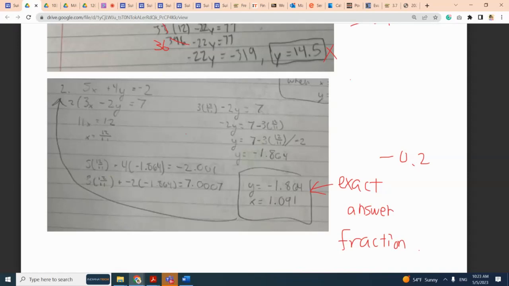If I want you to round your answer, I would say that. Or a story problem, then you can round your answer to 2 decimal places. But other than that, give me exact answers in fractions. Okay, everybody?